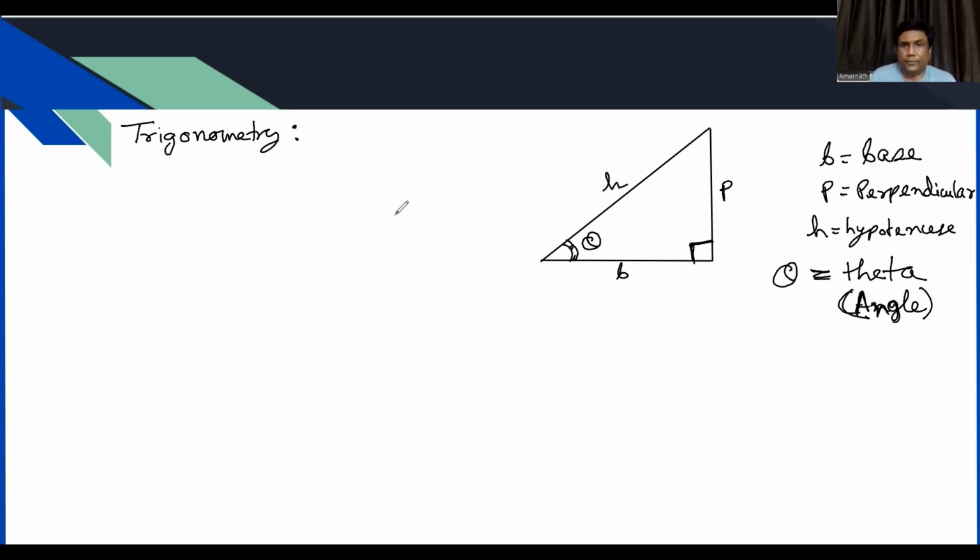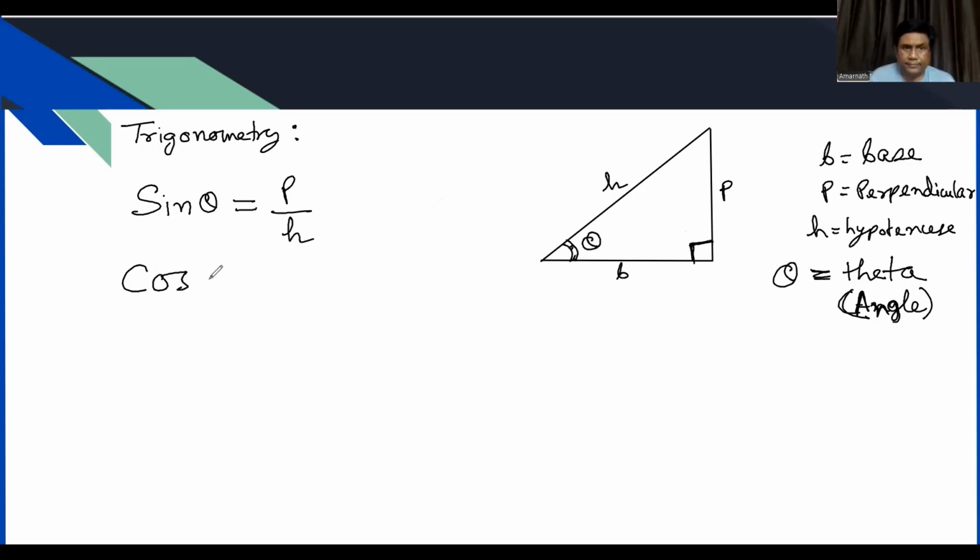So what you should understand, you should just learn only, nothing else. Say sine theta. Sine theta is always the ratio of perpendicular to the hypotenuse, okay?